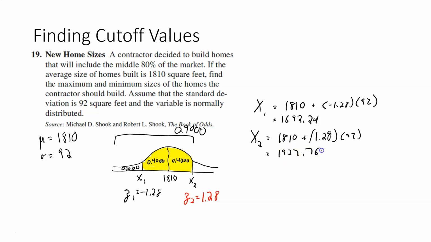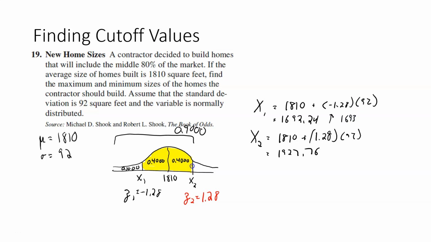Again, do be careful with the rounding here. So 1692.24 is my cutoff. If I round down to 1692, I've moved out of my range. So I got to round up into the yellow, up to 1693, to ensure that I'm in that middle 80%. Same thing here.